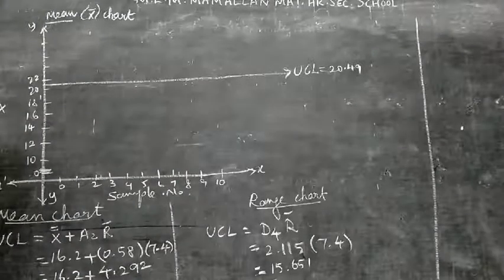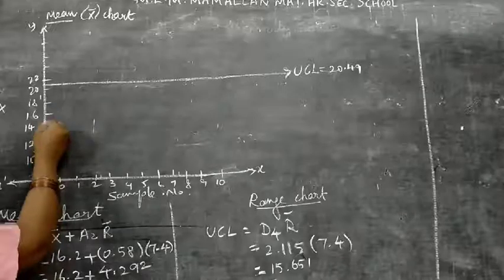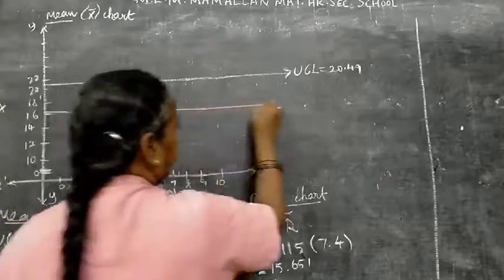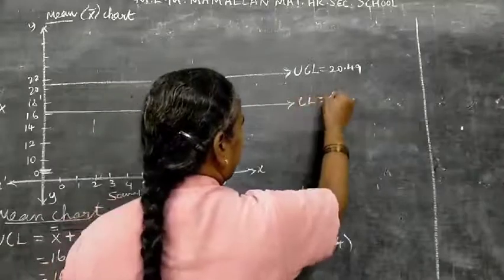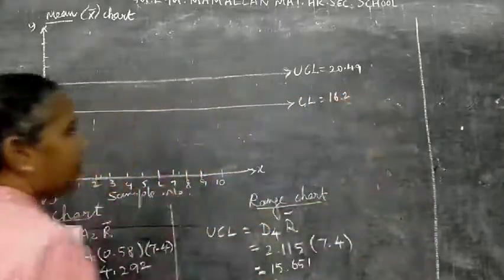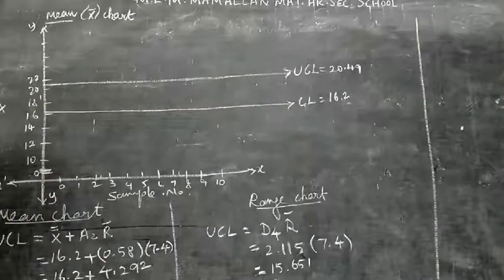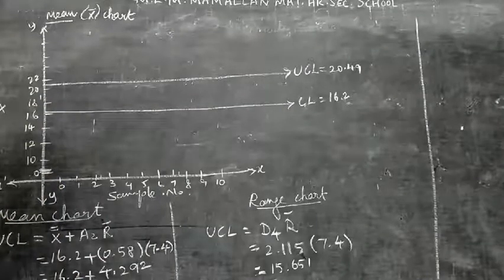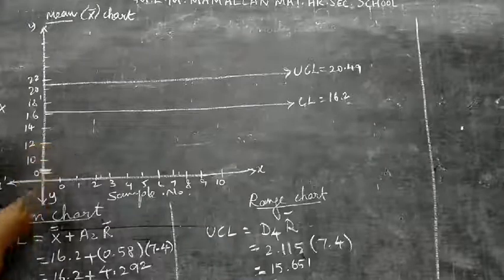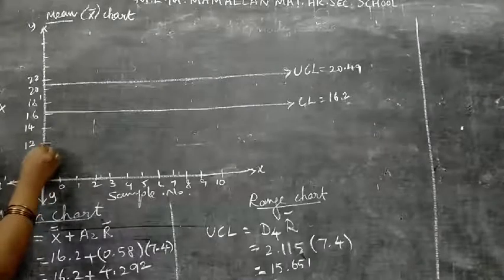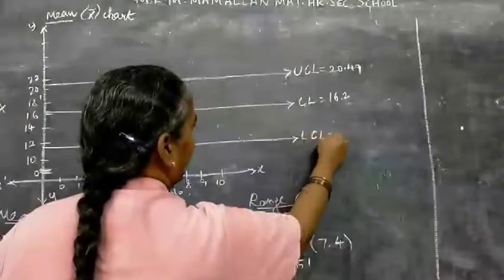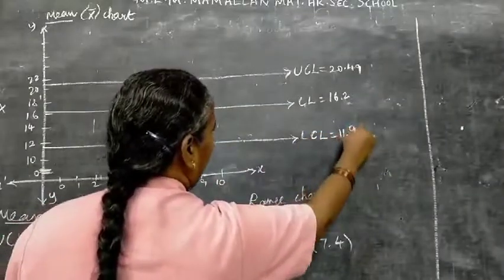What is the central line, children? 16.2. 16.2 is also just above 16. Just draw a line. Use a scale for this. Central line is equal to 16.2. And finally we are going to give the lower control limit, that is 11.9. 11.9 is nothing but 12. So nearer to 12 you can draw a line. Not through 12, nearer to 12. You draw one line, which is called lower control limit, 11.91.